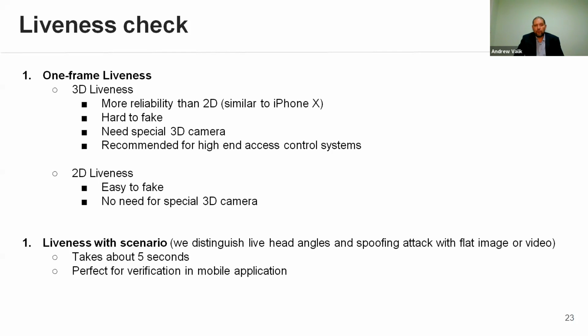And another type of Liveness is Liveness with scenario. For example, you can ask people to move or rotate their head and check head angles, and our detector will detect that it's a real head with shape, not a flat head.